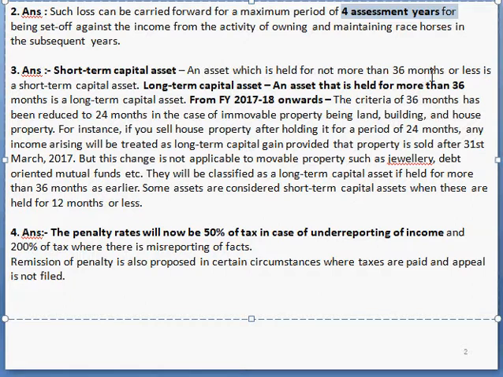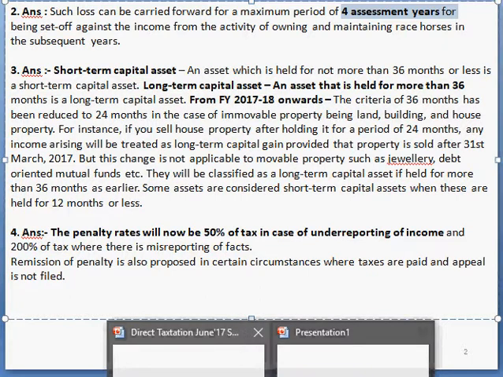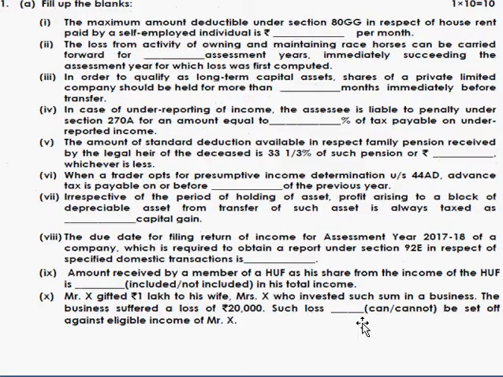If it is 36 or less, it comes under short-term, and if it is more than 36, it comes under long-term. But from financial year 2017-18 onwards, the criterion of 36 months has been reduced to 24 months. Okay, fine. So basically, since it was the earlier question, the answer will be more than 36 months. For the next year it will be 24 months.